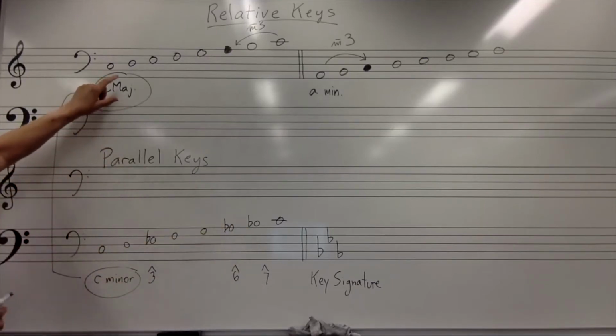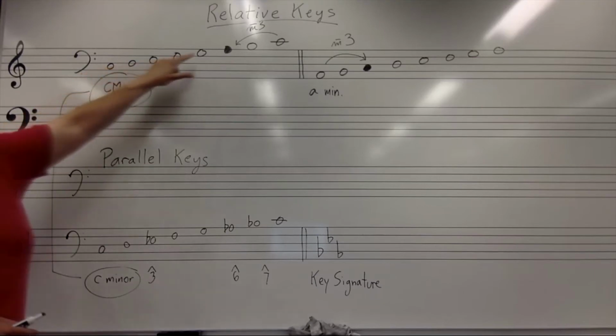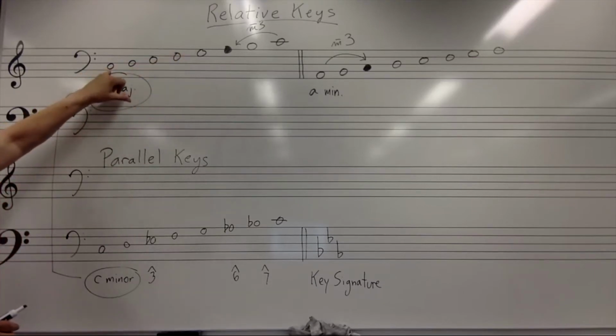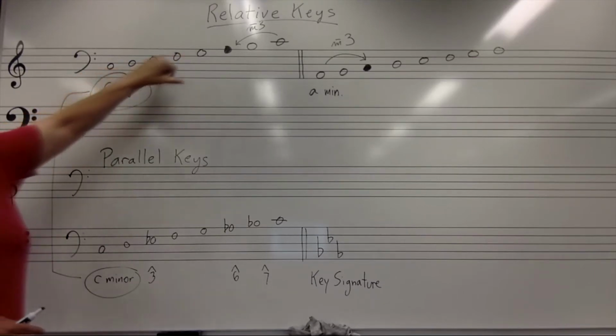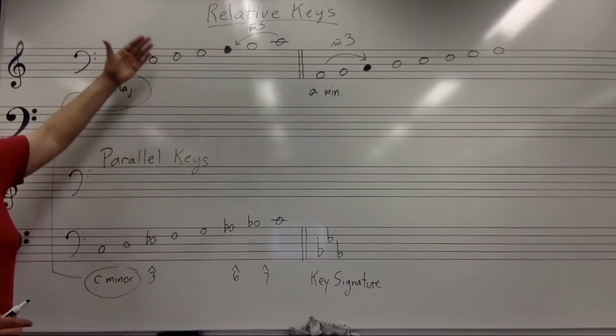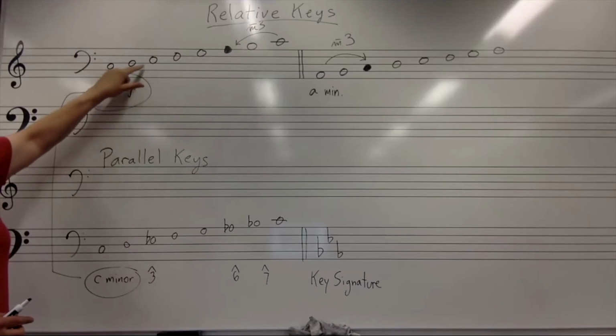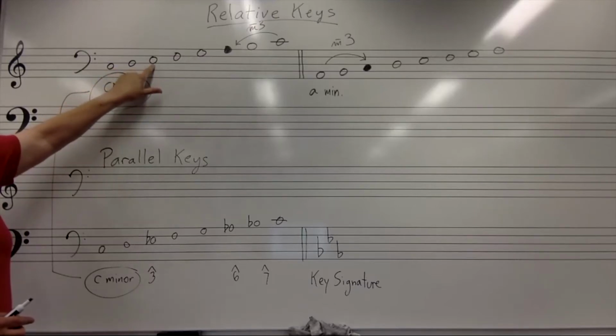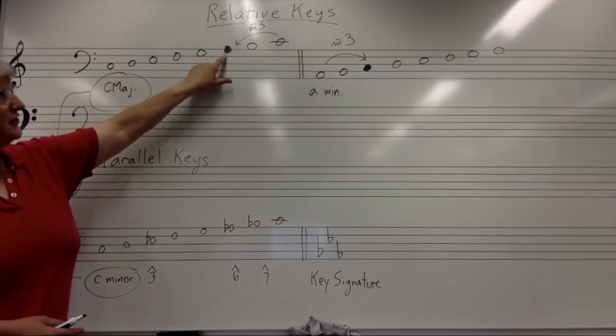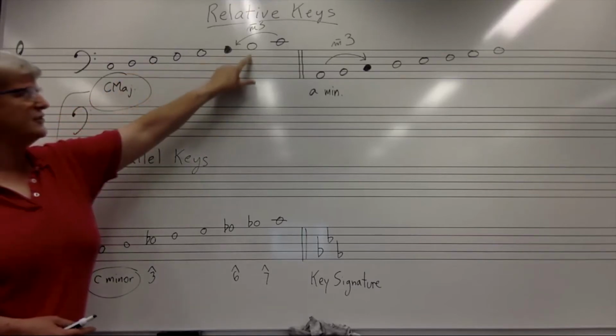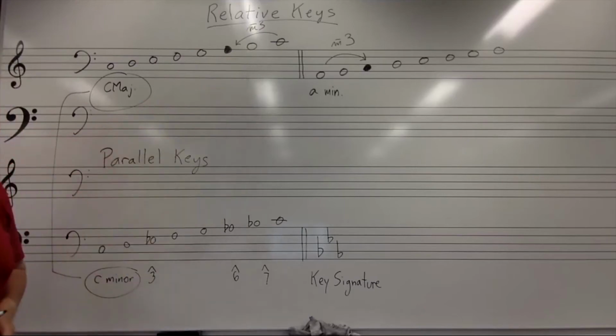So you can predict that whatever your major key is that starts on a note, if you write out the major key for that note, then the minor key that's on the same note is going to have a scale degree 3 that's a half step lower, a scale degree 6 that's a half step lower, and a scale degree 7 that's a half step lower.